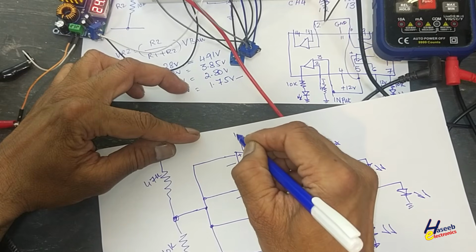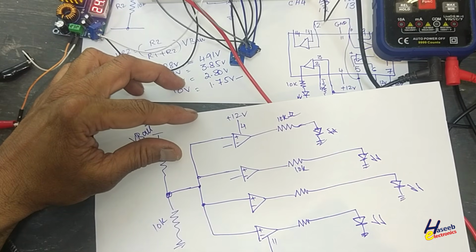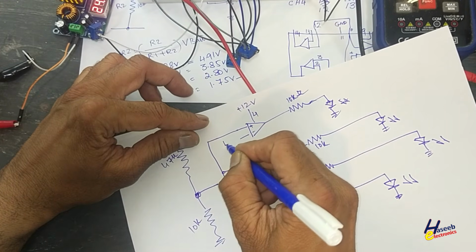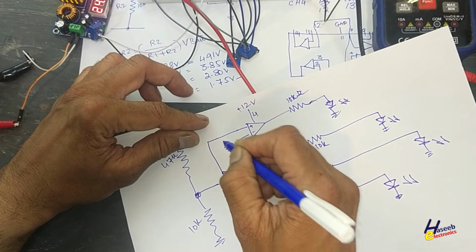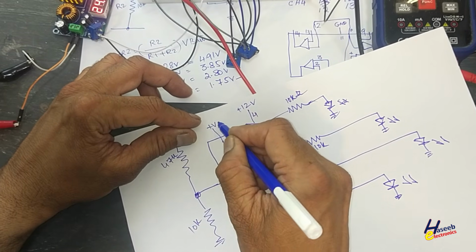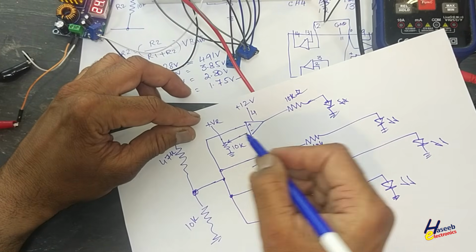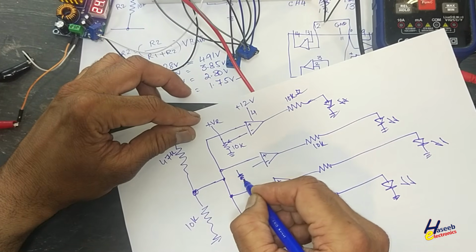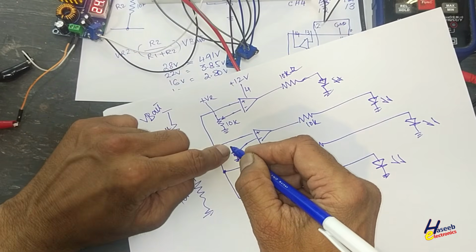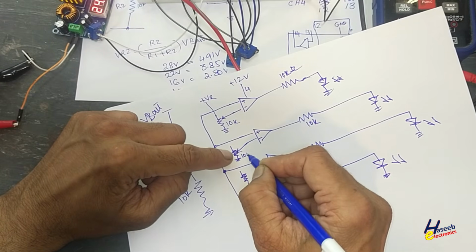Pin number 4, positive 12 volts. Pin number 11, ground. We connected a potentiometer between ground and positive, a 10 kilo ohm potentiometer. One potentiometer, and the second potentiometer is also connected to the positive side, one end. Here, 10 kilo ohm.